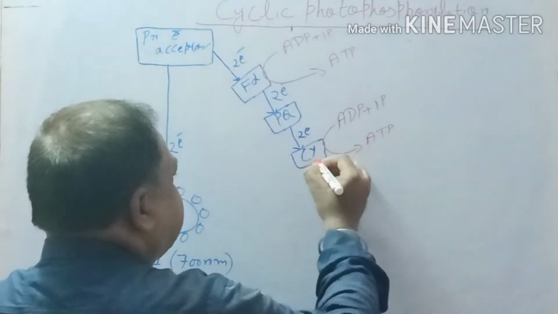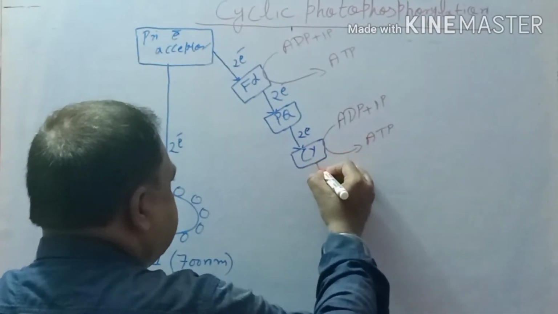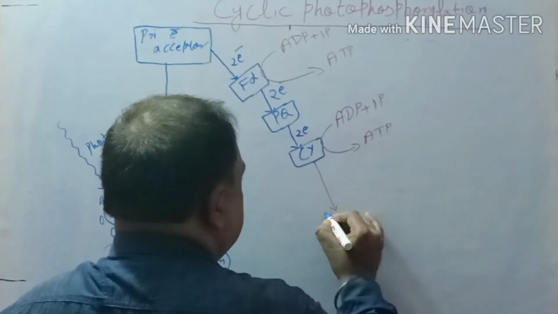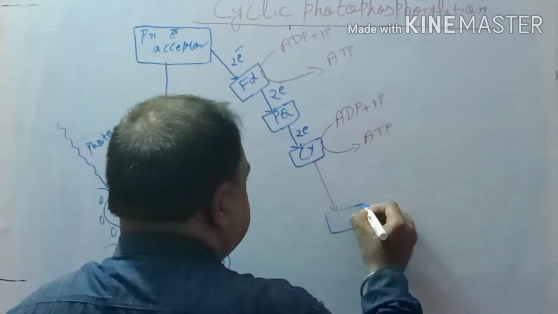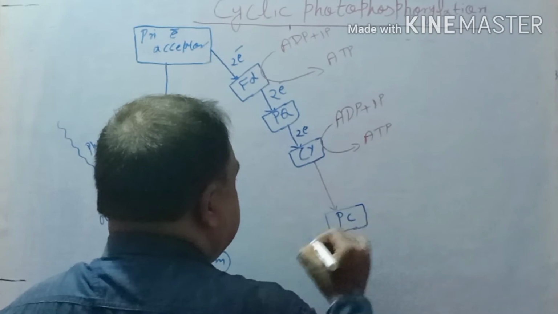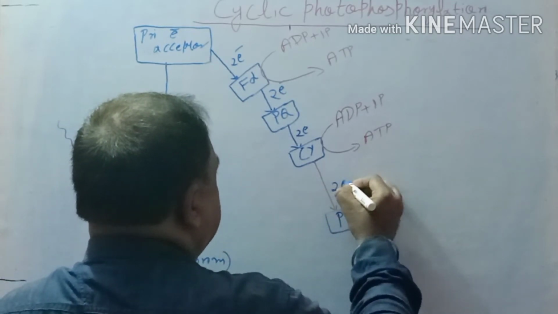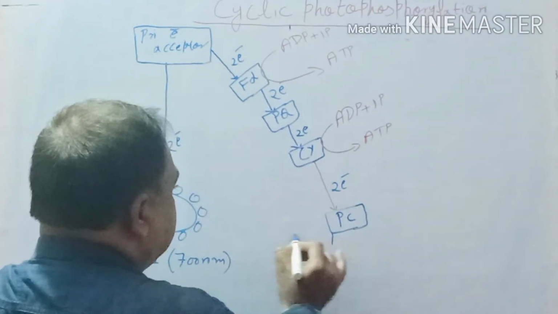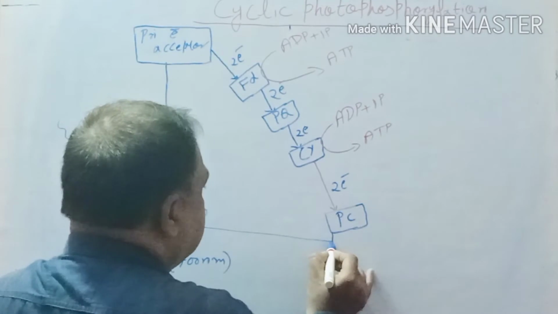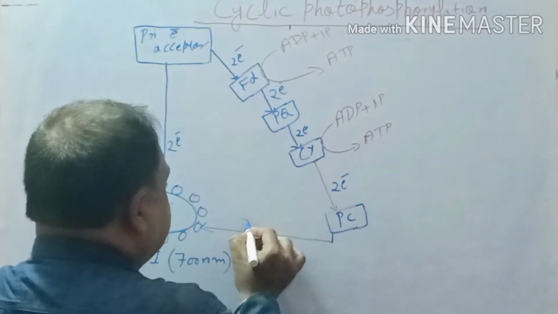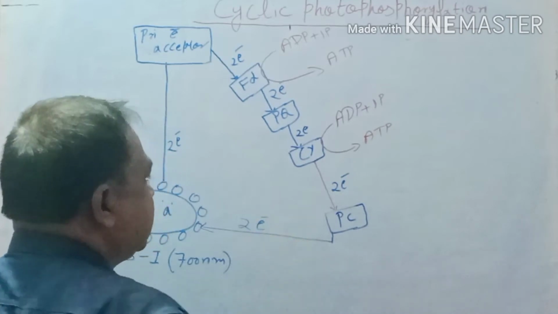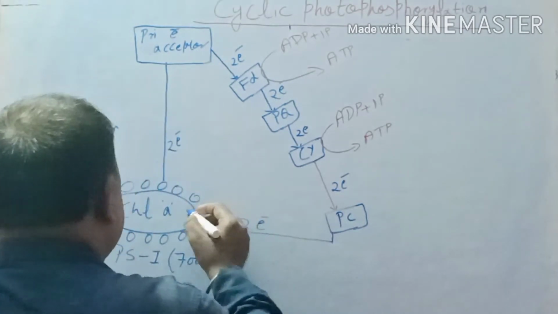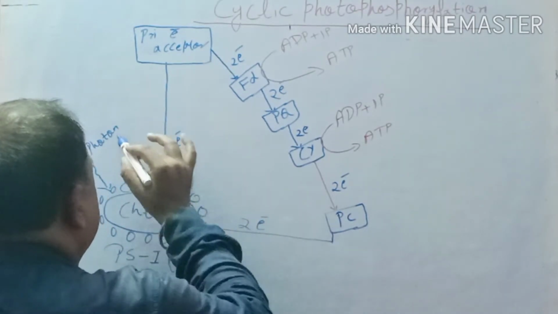Okay, then from this cytochrome the pair of electrons goes to plastocyanin, that is PC. And then from here the electrons come back to the reaction center, as it started from here, in a cyclic manner.